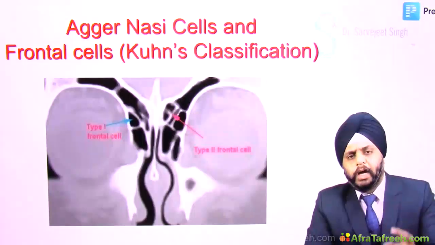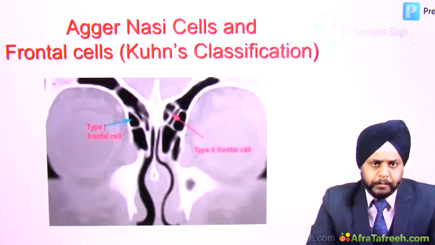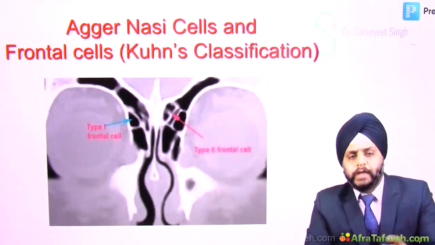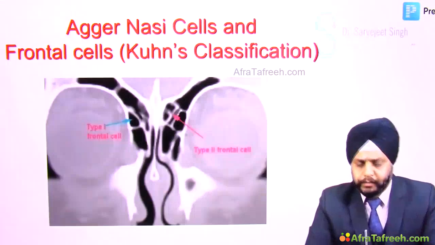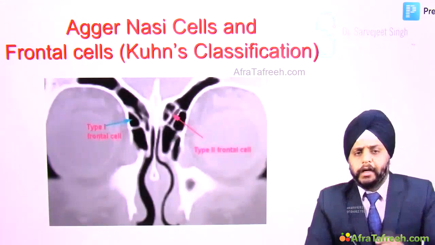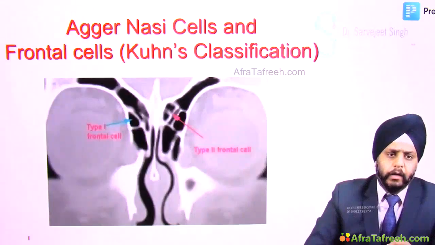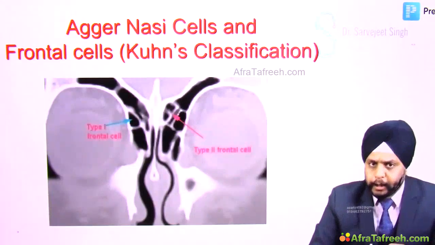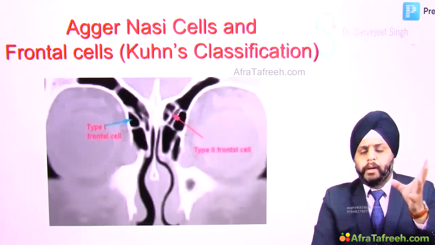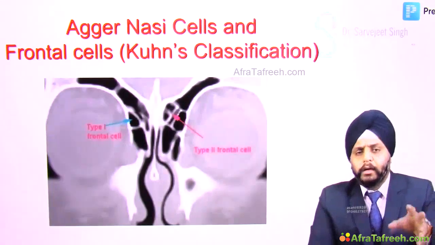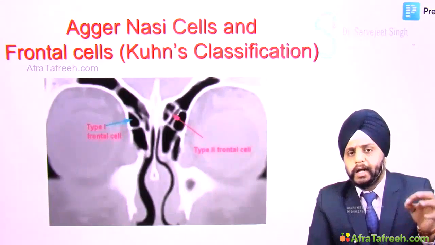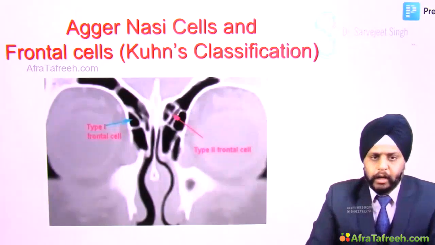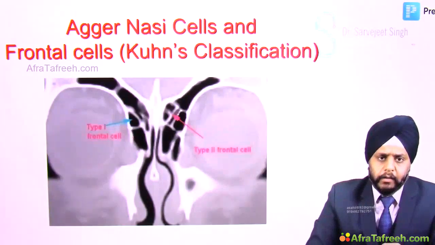Remember, I have just taught you the agger nasi cell, and I told you the agger nasi cell is the anterior-most cell of the ethmoids. Let's identify the agger nasi cell in this diagram. The agger nasi cell lies in close proximity to the lacrimal sac.